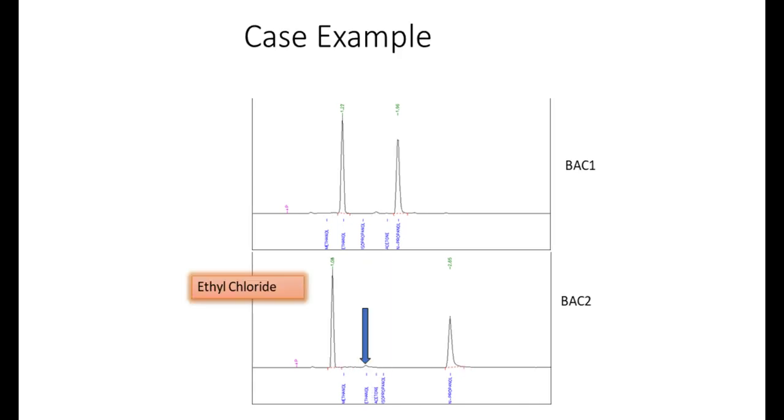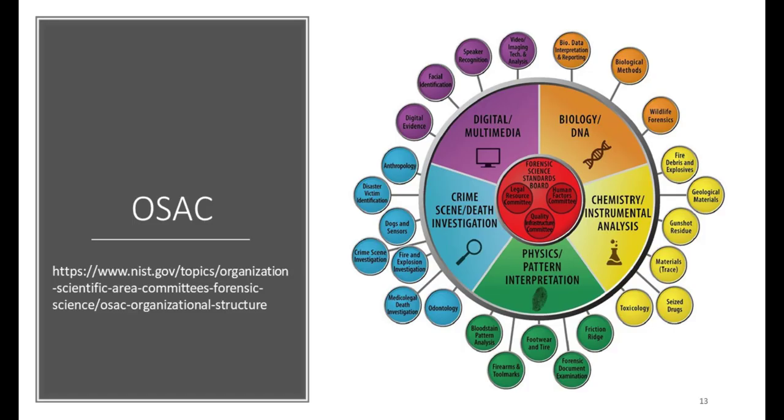That's important because there are other volatiles. As you can see here, this is a case example where there appears to be a peak for ethanol, but in actuality, on the second column, you can see that peak is moved and it doesn't confirm for ethanol, and that's actually ethyl chloride, a commonly abused volatile.